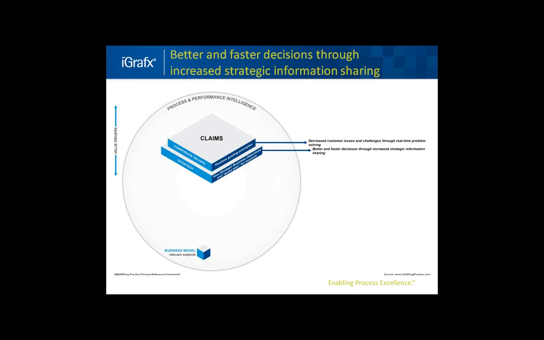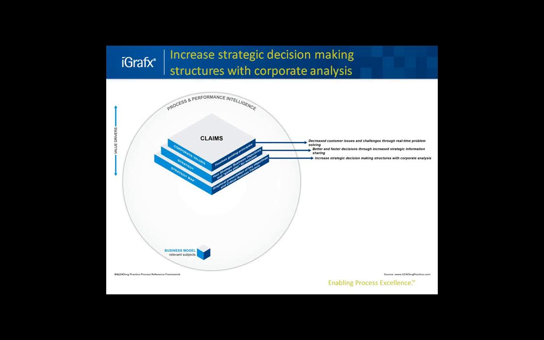So that's the link to the strategy. Then there are links to aspects of one's strategy map, which are more around the increased strategic decision-making structures with the corporate analysis. So it links to the wish or need to have corporate analysis and decision-making.